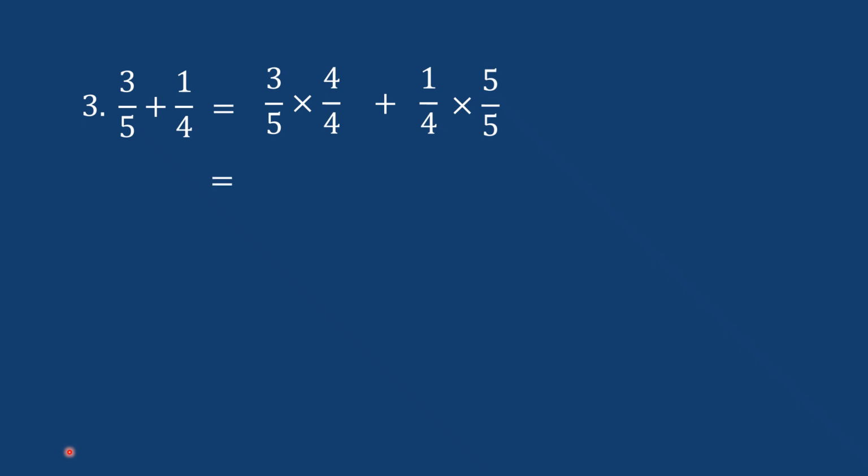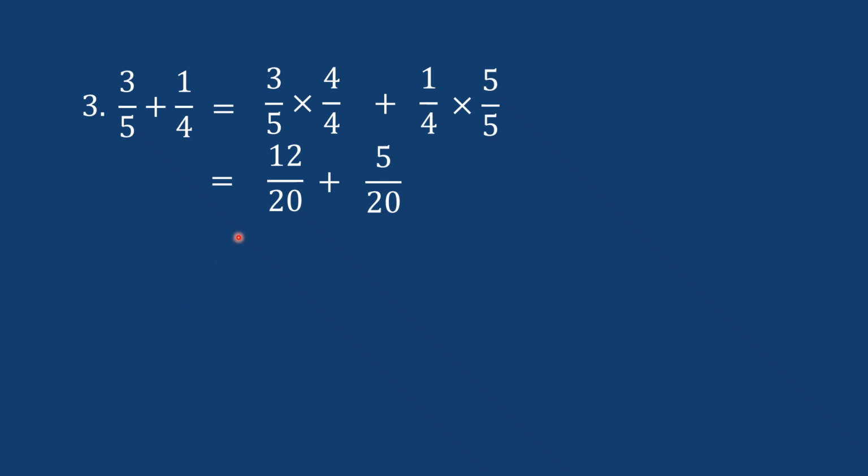This is now equal to 3 times 4 is 12, and then 5 times 4 is 20. So we have 12 over 20 plus 1 times 5 is 5, 4 times 5 is 20. So plus 5 over 20.